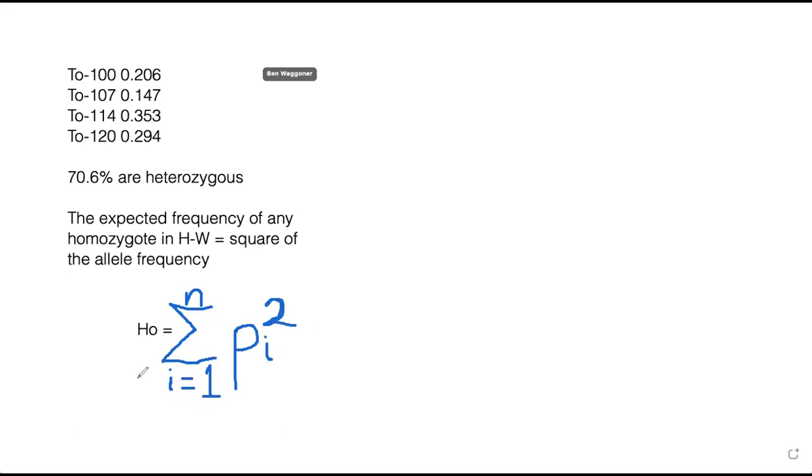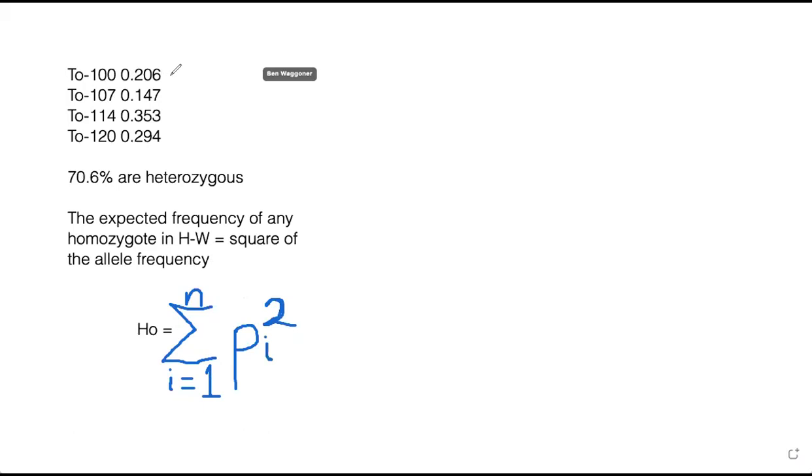Remember how sigma notation works. If we have however many alleles of a particular gene, we can call them P1, P2, P3, P4, dot dot dot, all the way to Pn. We'll let lowercase n be equal to the number of alleles that we have. This just says, take each allele from 1 to n, square the allele frequency, and add all of those together, and that gives you the total frequency of homozygotes in the population.